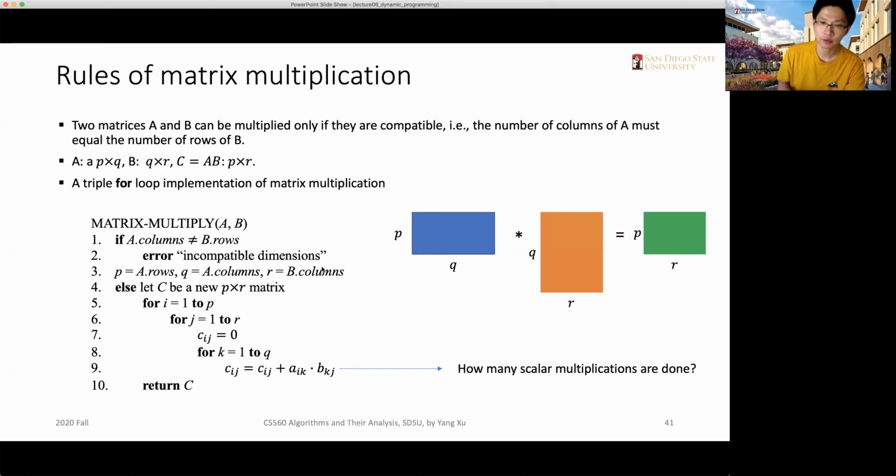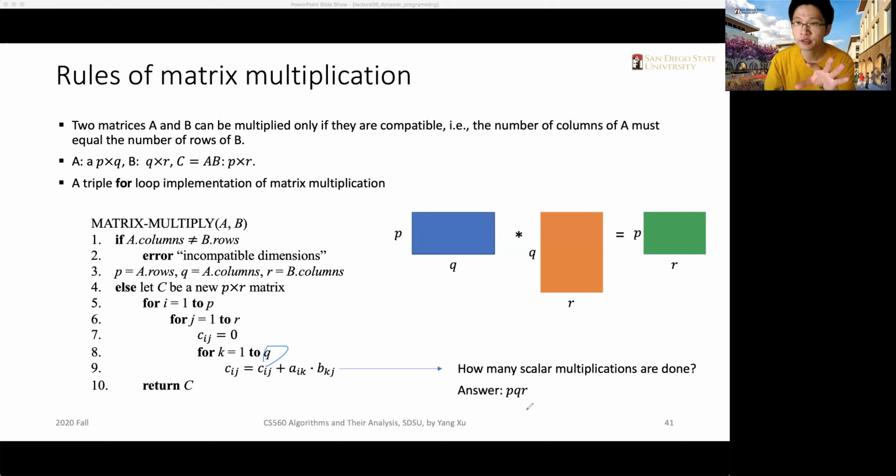So of course, we want to first calculate how many times we need to do it, and the answer is also straightforward, because the first layer for loop has p iterations, and the second for loop has r iterations, and the innermost for loop has q iterations.